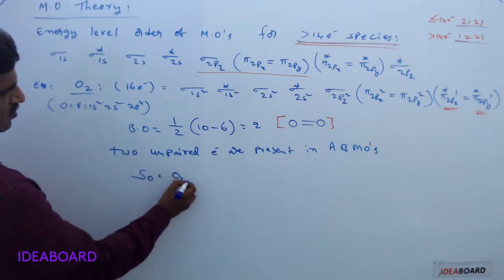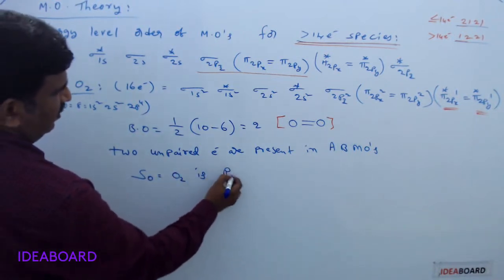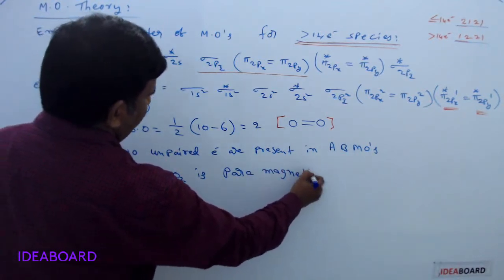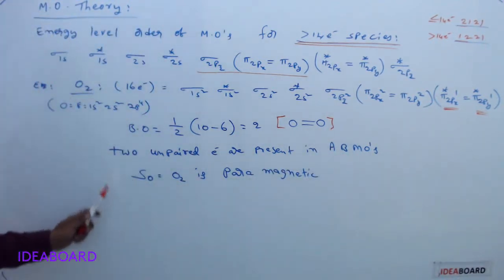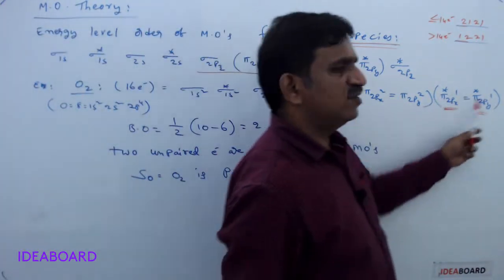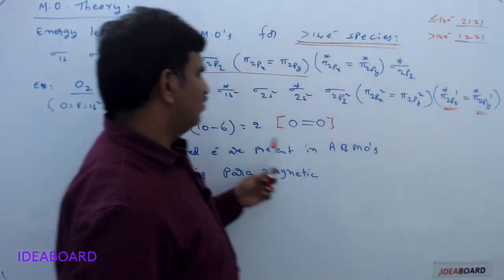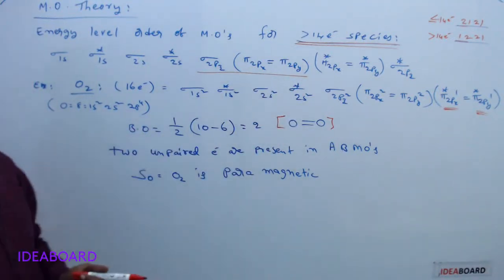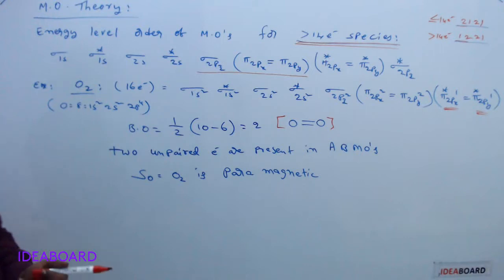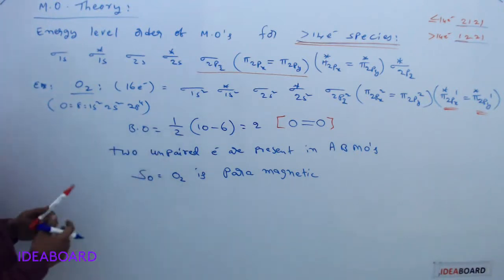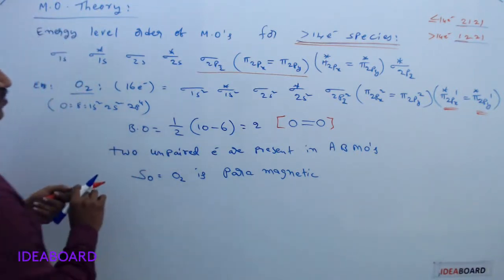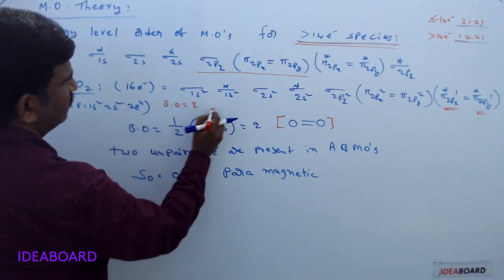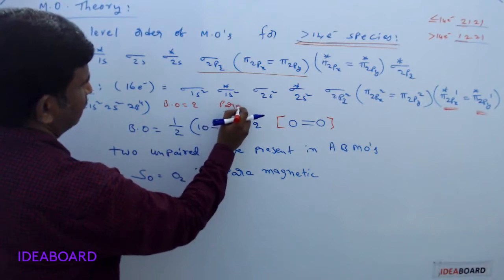So oxygen is paramagnetic. This is very, very important. Oxygen is paramagnetic because it contains two single, unpaired electrons in the anti-bonding molecular orbitals. So it is called a paramagnetic molecule. Okay, so this is about O2. Please remember the bond order of O2: the bond order is 2 and it is paramagnetic.